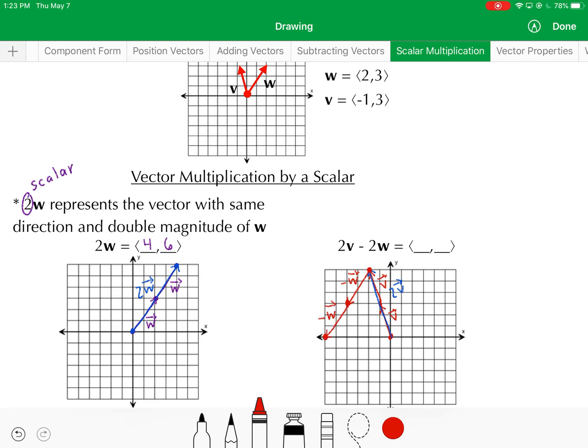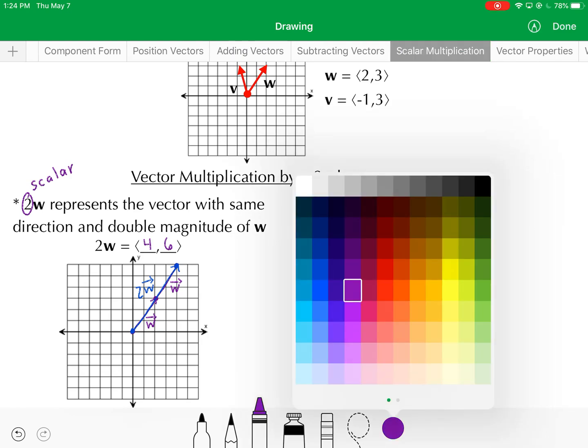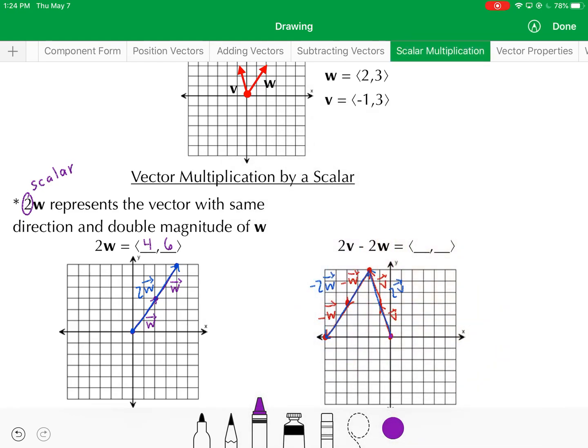That would be another negative w, which means combined, this is negative 2w. And my final resulting vector, I'm going to use purple here, would be from the very first initial point at the origin, pointing here to the very final terminal point. So that would be 2 times vector v minus 2 times vector w.